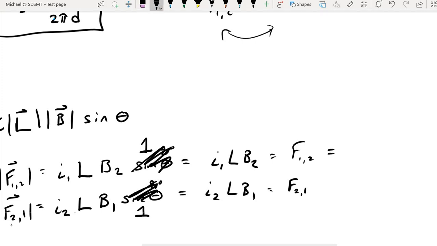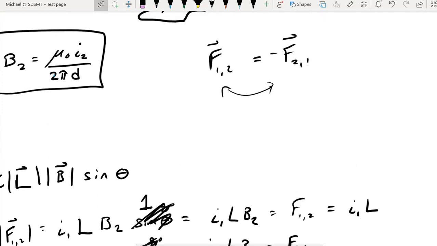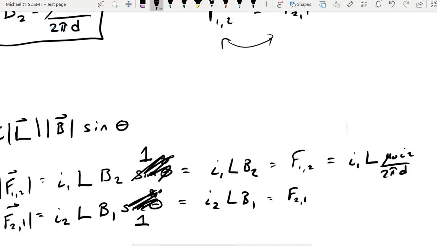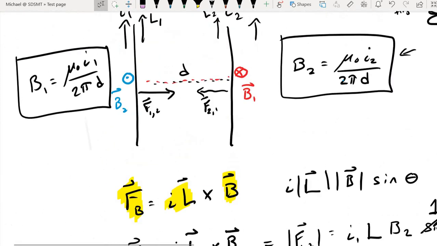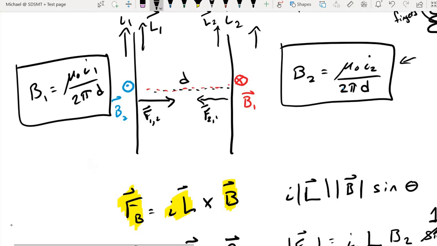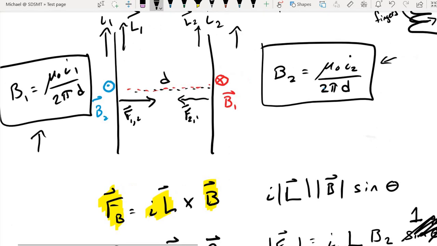All right, so for F12 we had I1 L, and then we have to multiply by the expression for B2, which is right here, mu naught I2 over 2 pi d. For force F21, we have I2 L times the magnitude of B1. There's our expression for B1.